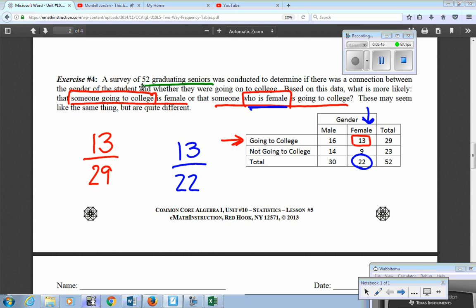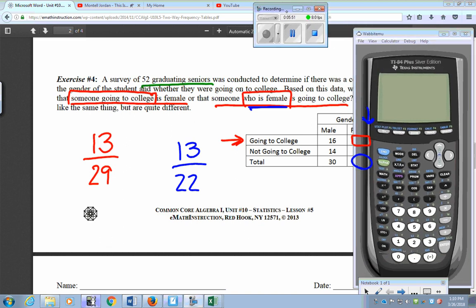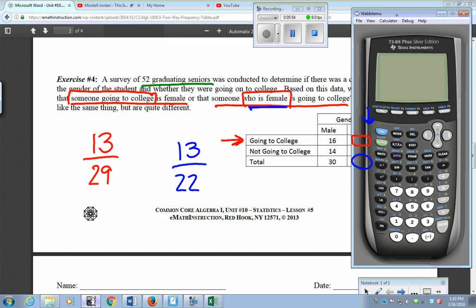So if we want to see which one's more likely, what you're going to have to do is take the calculator, and then you're going to go ahead and just divide out those fractions, get the decimal equivalents for those. So if you do 13 divided by 29, and we'll round to the nearest hundredth. So we'll call this one 0.45.